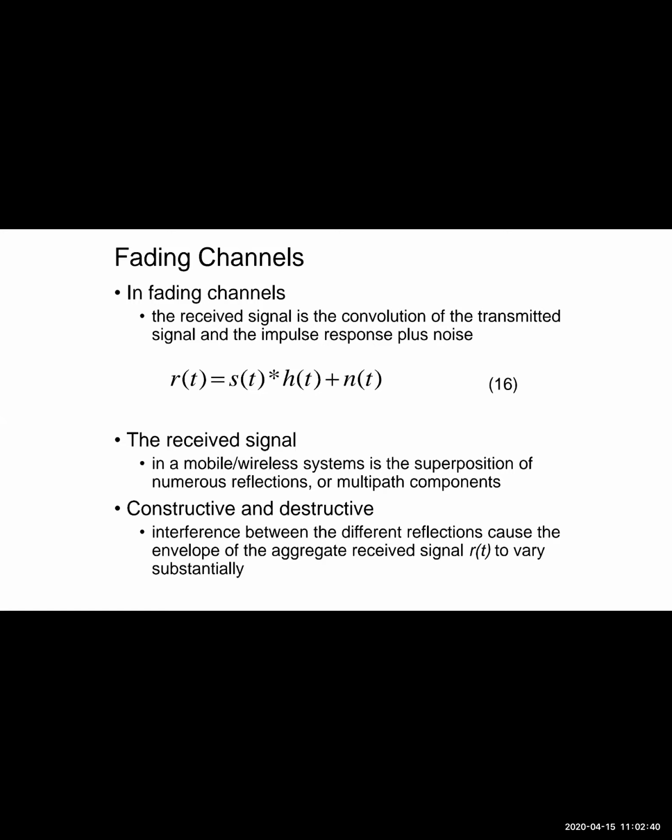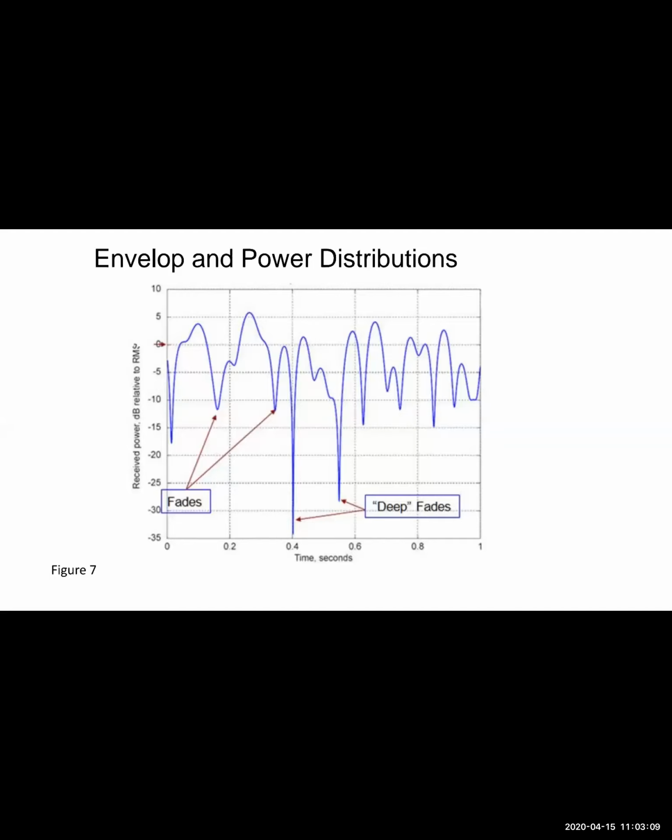So for fading, for BER evaluation, you can get a little bit of analytical representation, but the equations are so complex that as an undergraduate class, we will not do that. When you have equation 16 and you are dealing with it, depending on the multi-paths that you have, we will have variation in the received power.